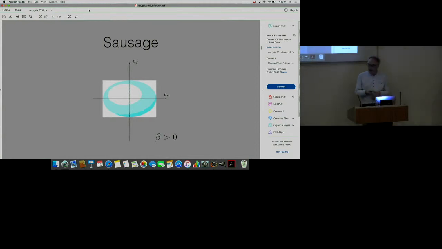And the final example is a sausage, and this occurs when I have strong radial motions. So the v_r axis is long, and then the two angular axes, v_theta and v_phi, are small. And the more positive I make beta, the more the stars are dominated by radial orbits, and so the more I have turned my sausage from a fat frankfurter into a narrow chipolata.